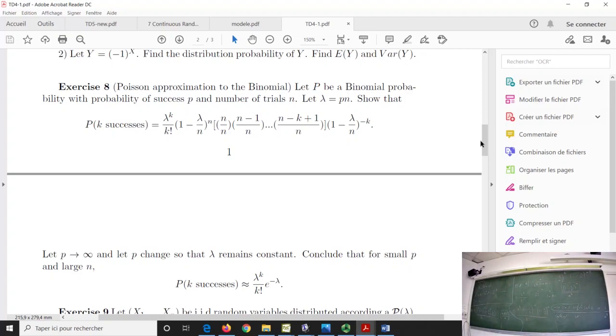And I obtain exactly what I have in my statement here. Do you agree? So knowing the definition of the binomial and of factorial, and working a little, gives you what I have here.